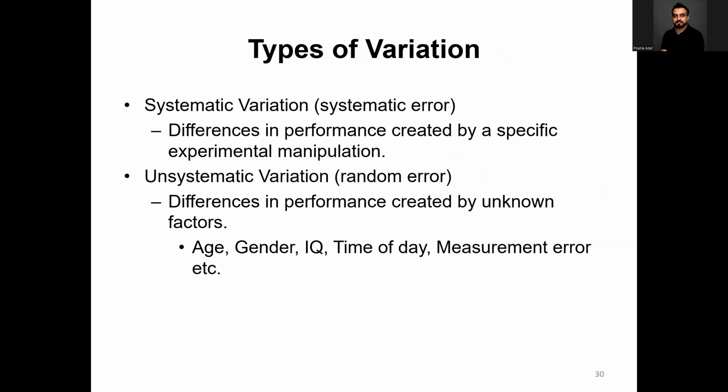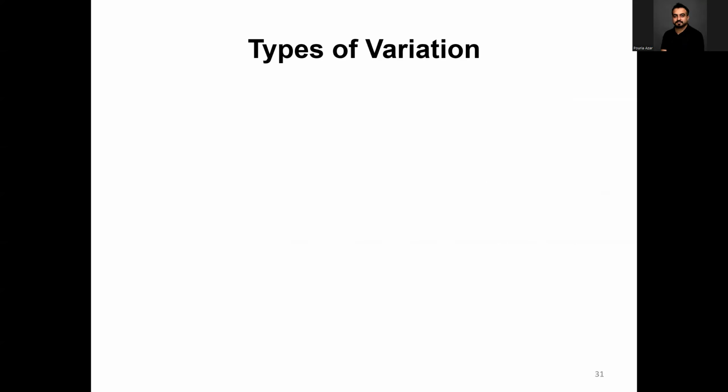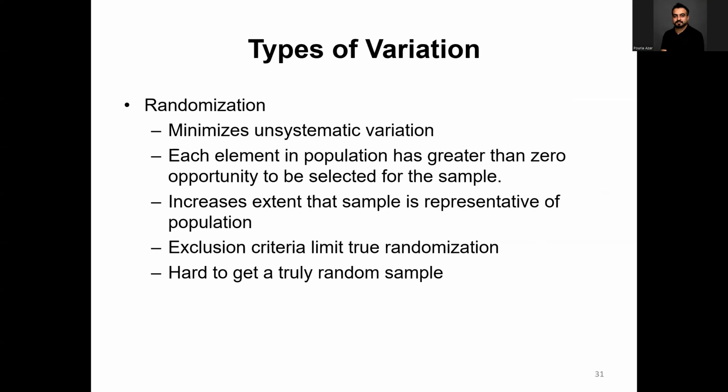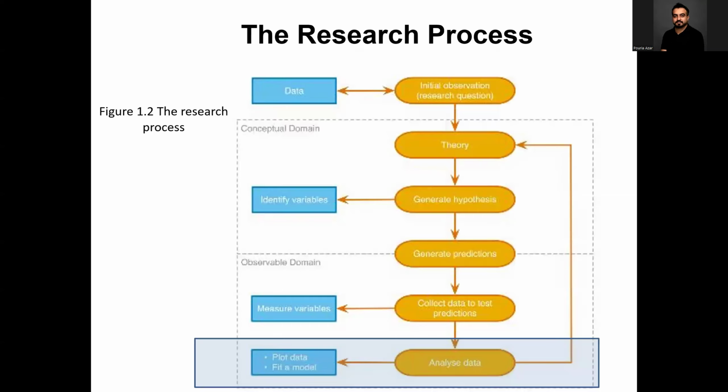So I already talked about this. Measurement error is kind of a variation, and it can be systematic variation or unsystematic variation. Randomization in experimental research minimizes unsystematic variation.